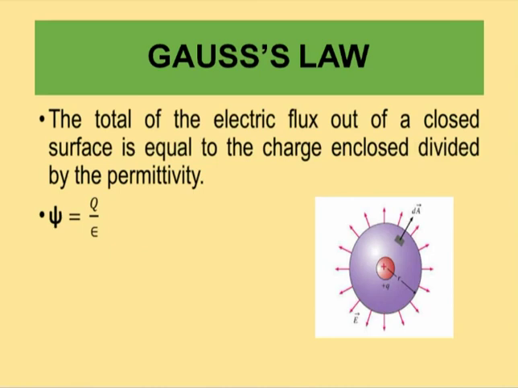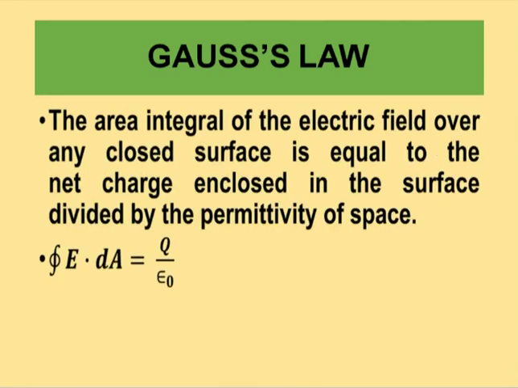We take a small area dA and integrate the electric flux emanating from that area. The limits of the integral will be the area enclosed. It is given by the charge enclosed in that surface divided by permittivity of space.